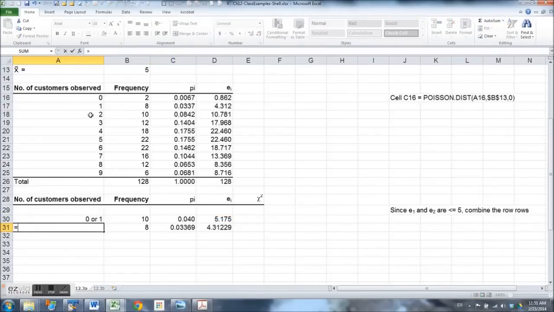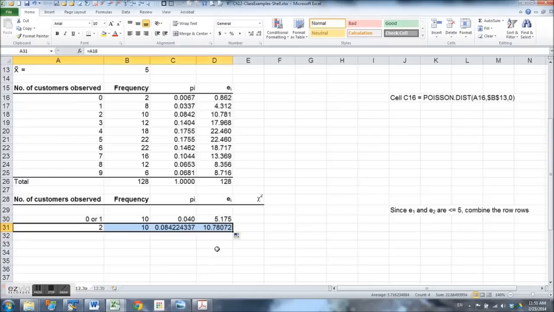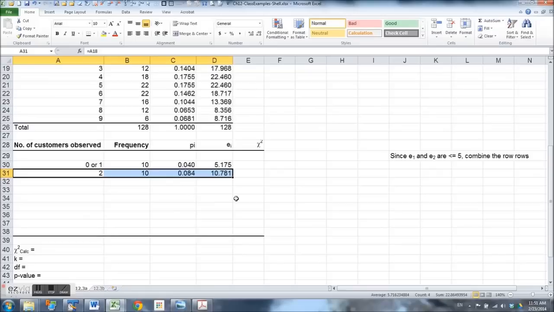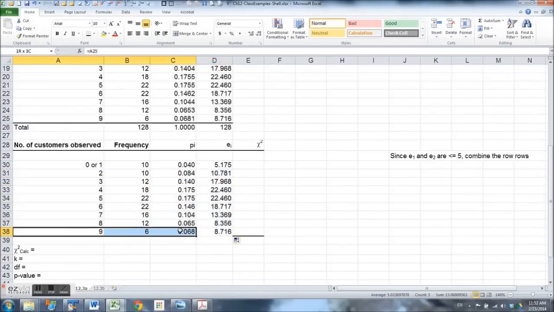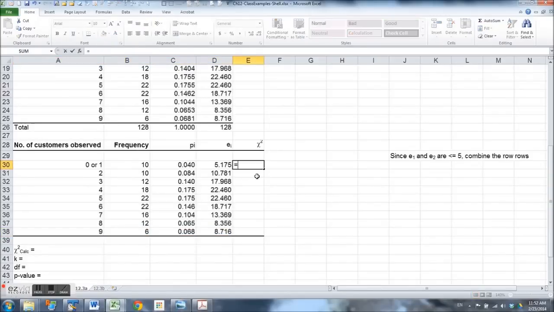Then the next value, starting from 2, is exactly like in this table, because the expected frequencies are all greater than or equal to 5. So now the revised table, in which all the expected frequencies are greater than or equal to 5, is what we have to use to find the chi-squared.